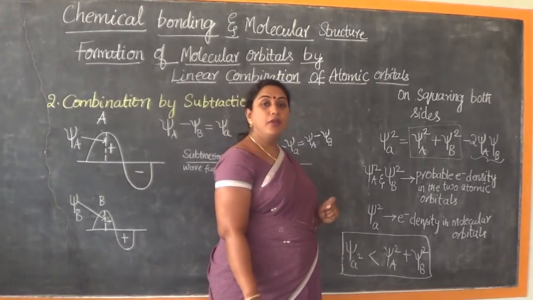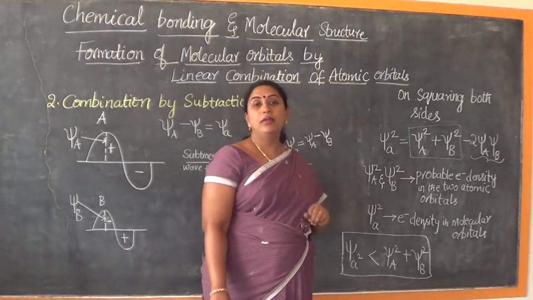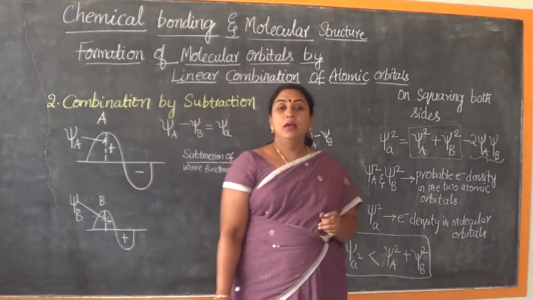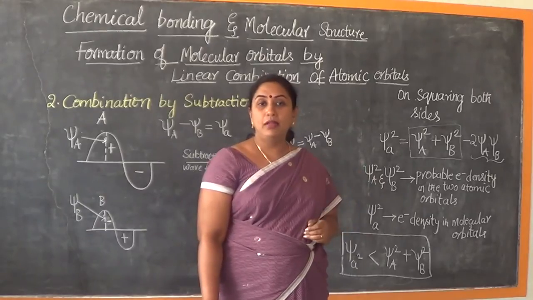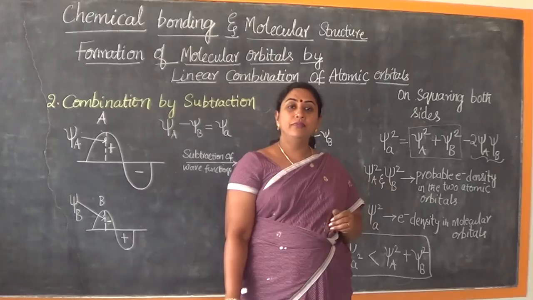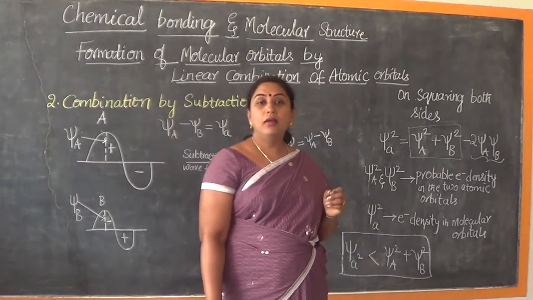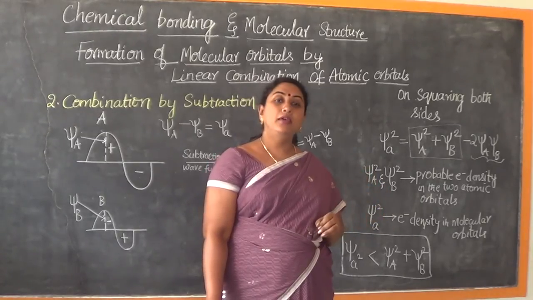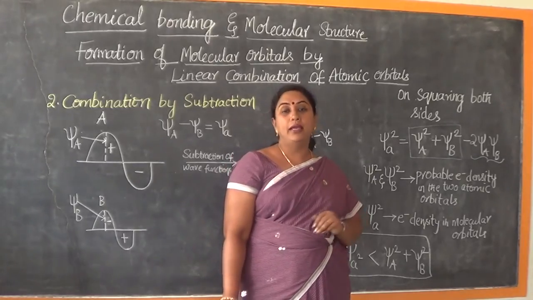So what is a bonding molecular orbital and what is an anti-bonding molecular orbital according to this? Let me define these two terms. Bonding molecular orbital is a molecular orbital which is formed as a result of addition of wave function. The resulting molecular orbital is called bonding molecular orbital, and it has lesser energy, and the probability of finding the electron there is between the nuclei.